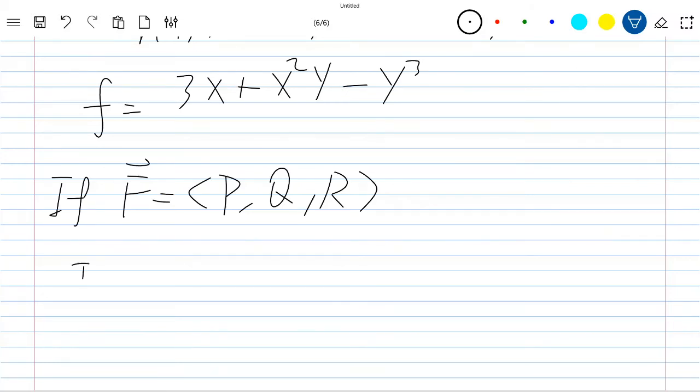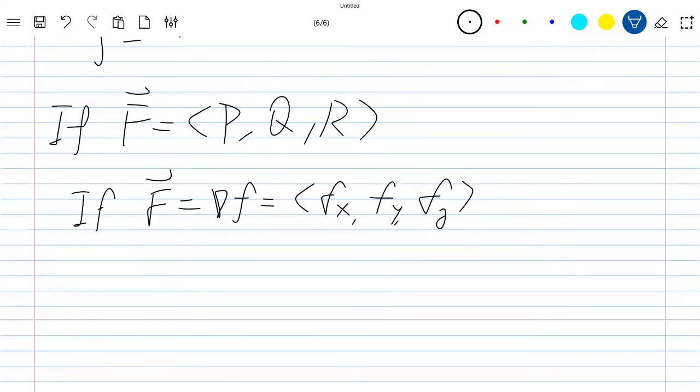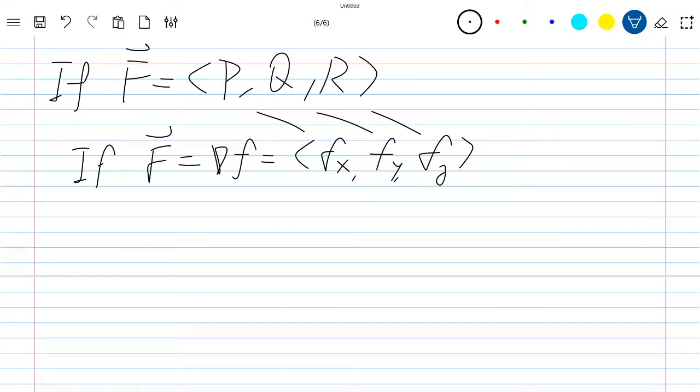So if f equals the gradient of a potential, then it's fx, fy, fz, right? Then you can see that they are the same. So we'll have some terms that are the same. Py must be fxy, which is the same as fyx, which is qx, as we know earlier.